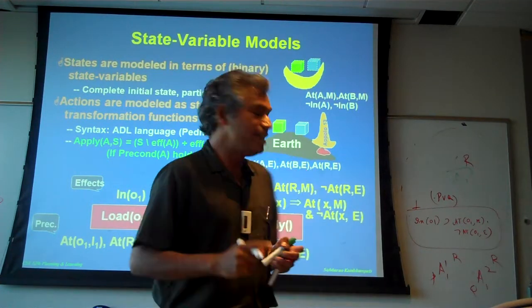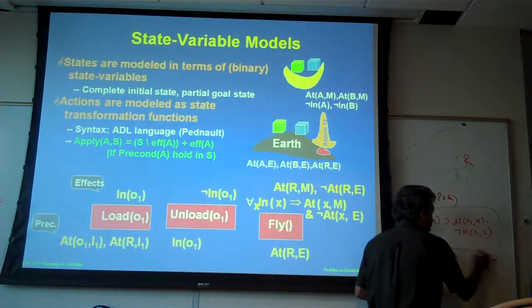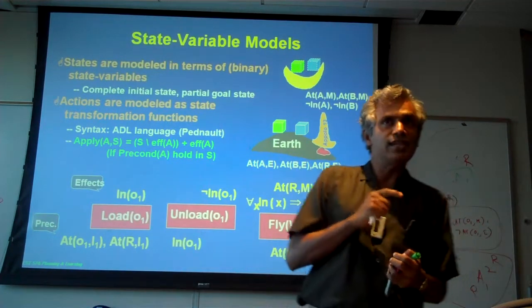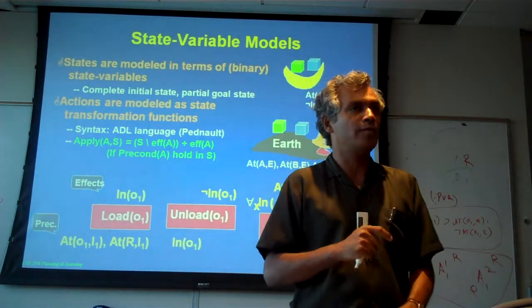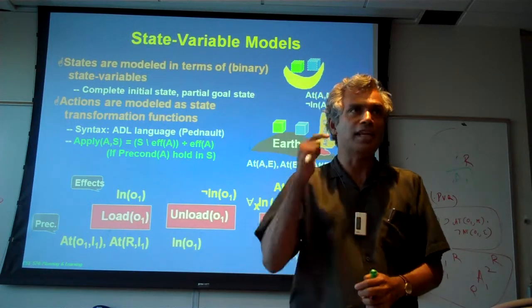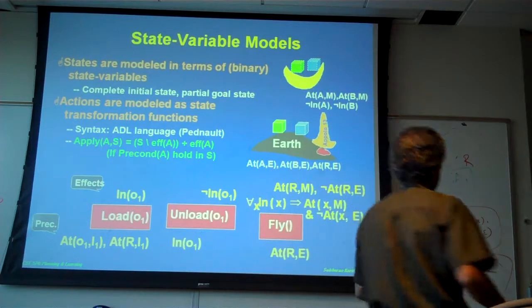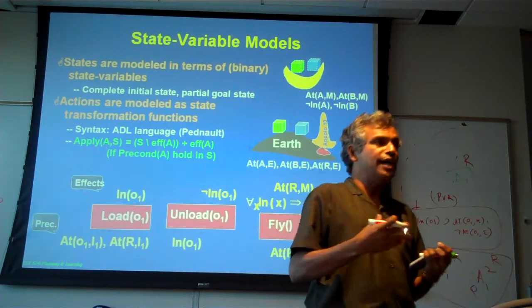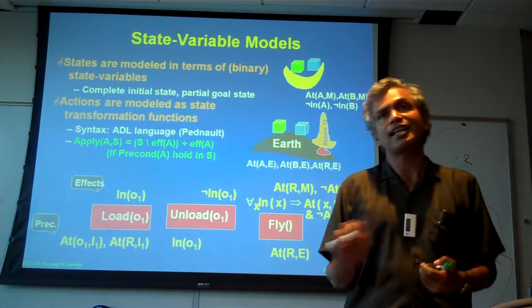Can anybody see if this is actually true for the specific planning problem we are looking at? This will actually fail for more general planning problems. Do you see that? So for example, imagine you're trying to use this action in a world where the initial state is not completely specified.